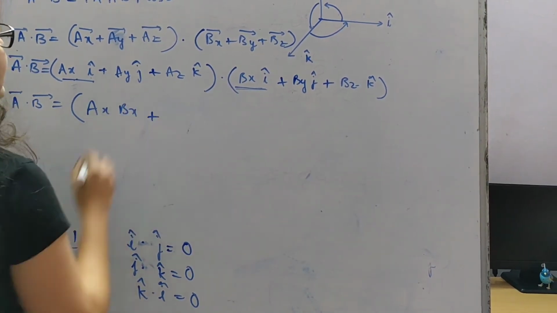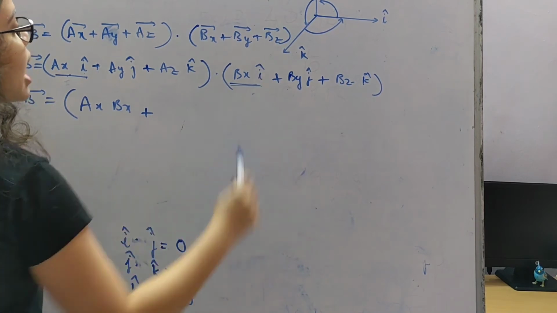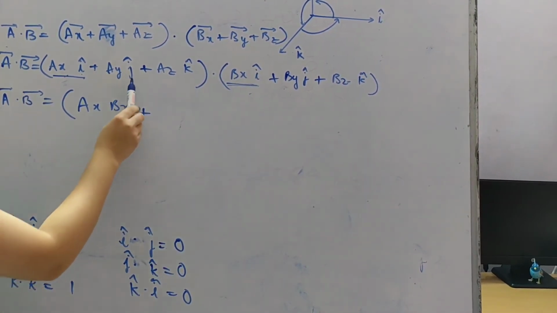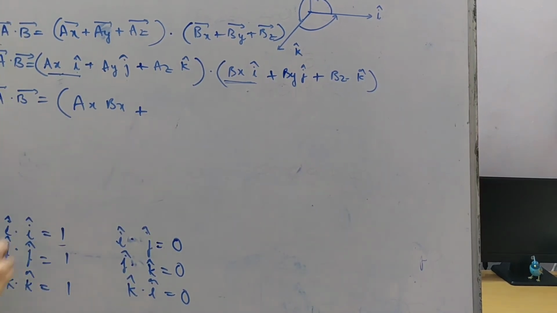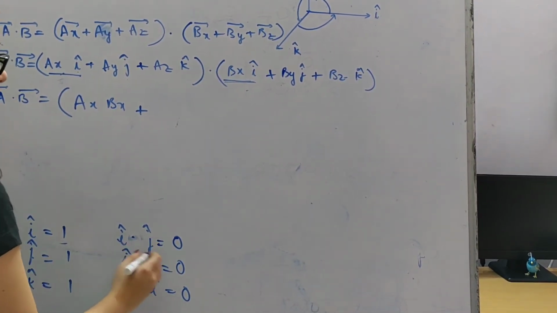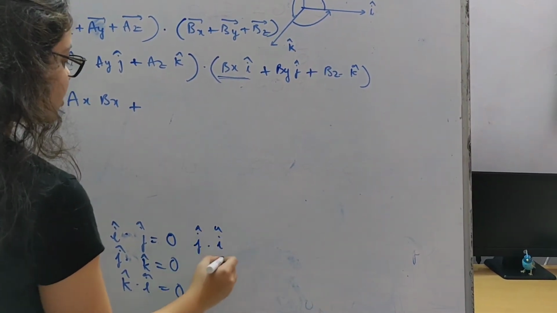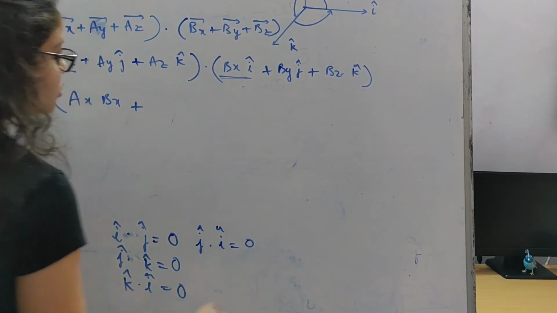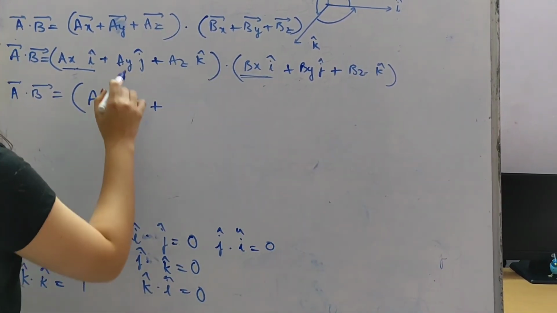Now let us go for the second term. Ay J cap dot Bx I cap. Here also J cap is being dot product to I cap, so it will not exist. If I cap dot J cap is 0, then by common sense J cap dot I cap will also be 0, so this term will not exist.